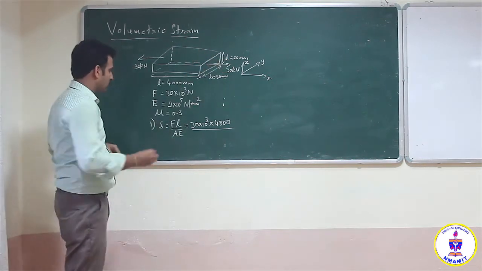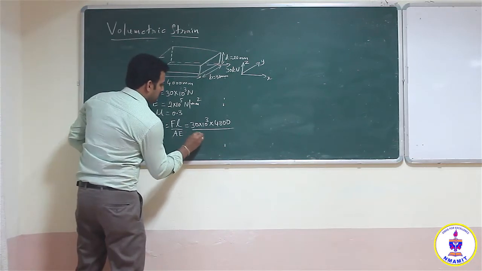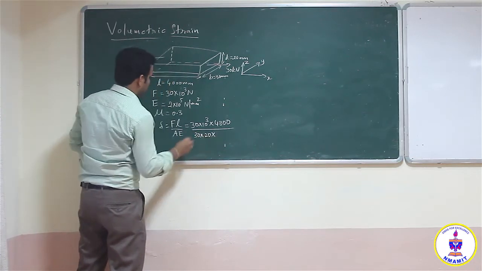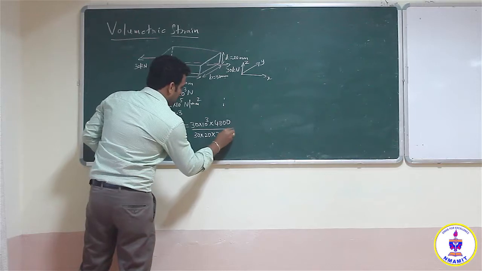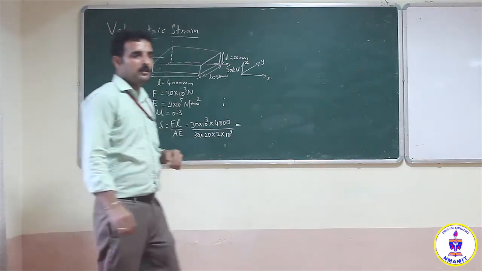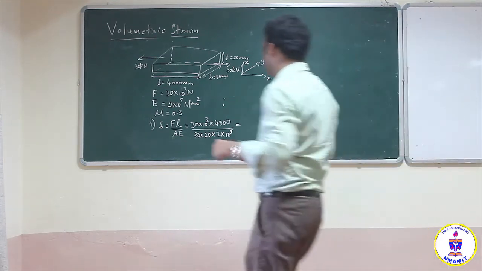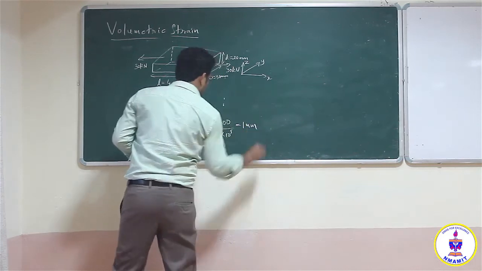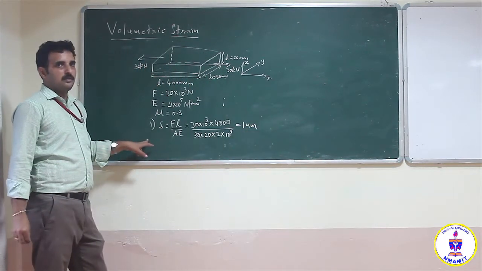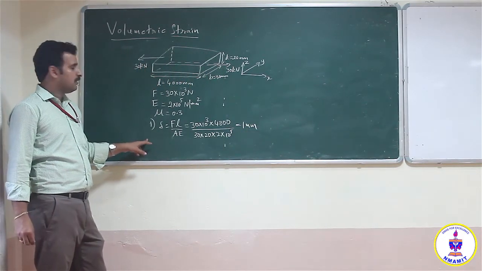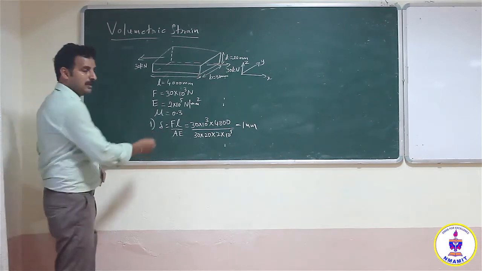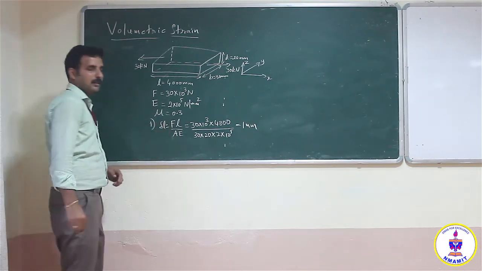So the cross sectional area is 30 into 20 and Young's modulus is 2 into 10 power 5. The value of the change in length you get is 1 millimeter. So this is delta L.